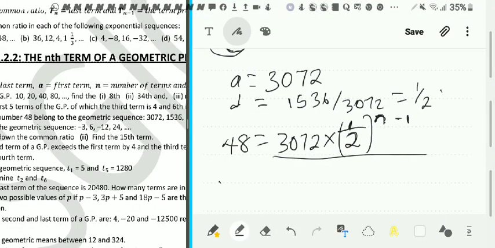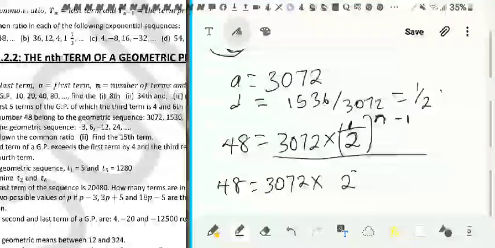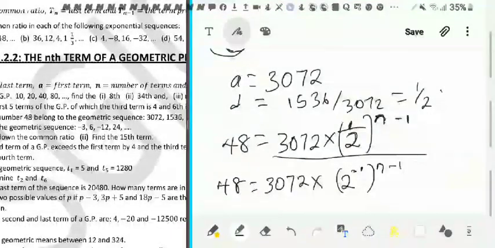So 48 equals 3072 times 2 raised to the power of negative 1, rewriting this one, raised to the power of n minus 1.